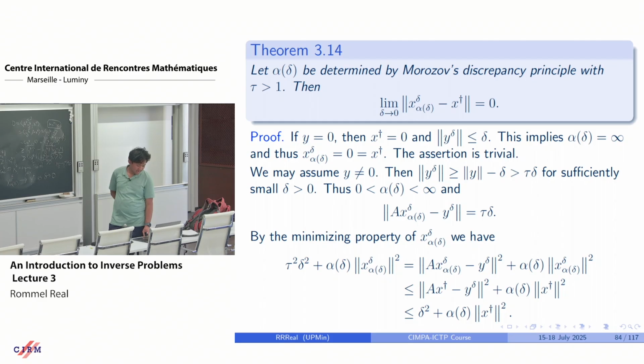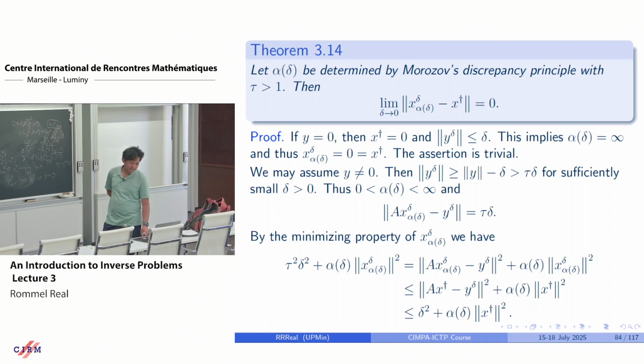Now, if y is equal to 0, then by the definition of the discrepancy principle, it must follow that x dagger is 0, because we're dealing with a linear system.